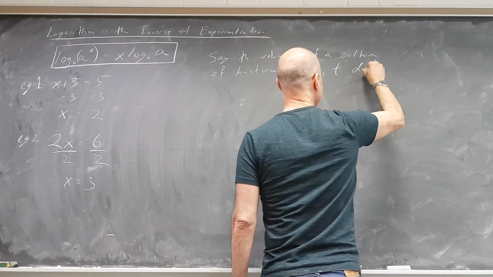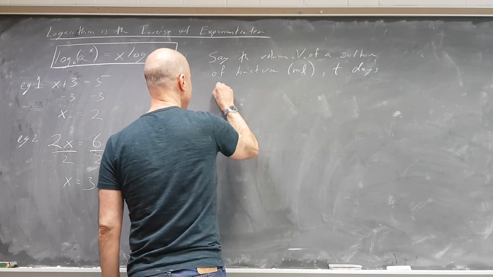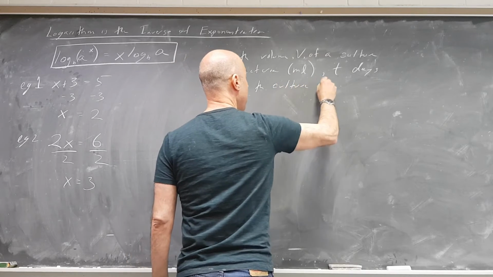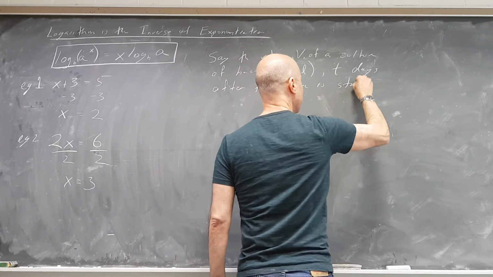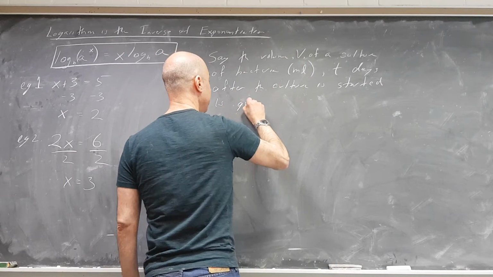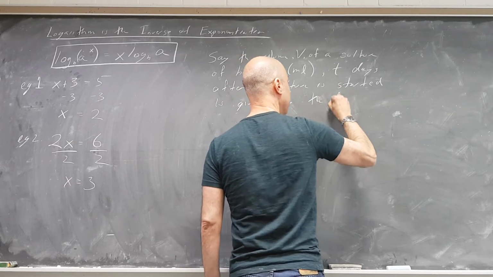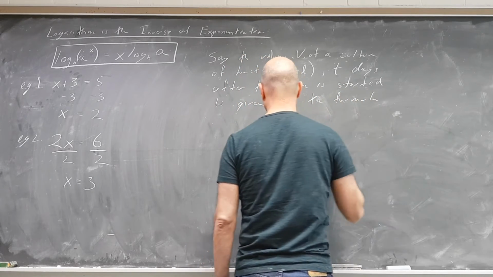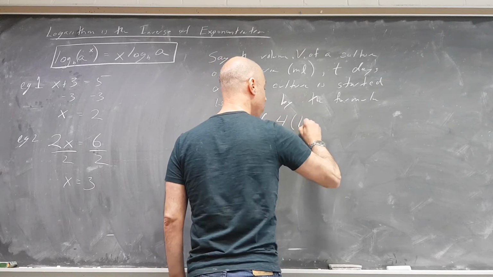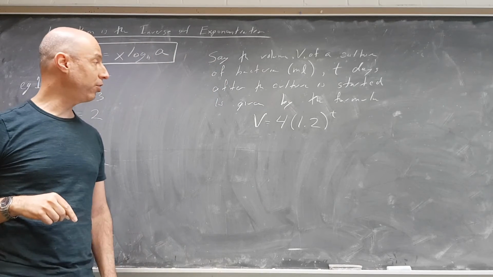T days, so T is time measured in days after the culture is started, is given by the formula V equals 4 times 1.2 to the t, an exponential function.